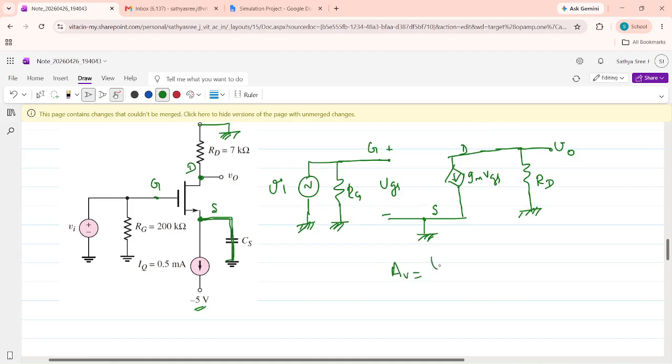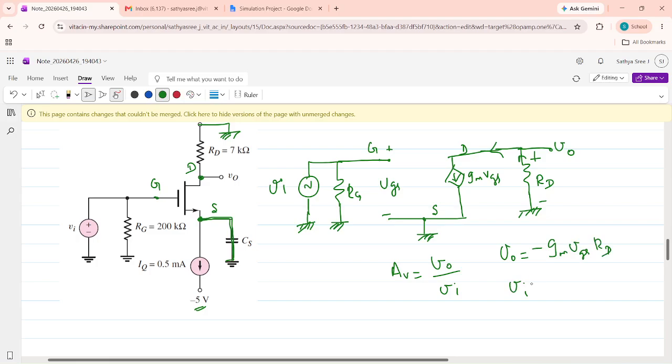AV is the ratio of output voltage divided by input voltage. In the circuit, what is V0? V0 is the voltage across this resistor RD. This is the direction of the current. Whatever current flows through RD is equal to gm VGS. So V0 is minus gm VGS RD.